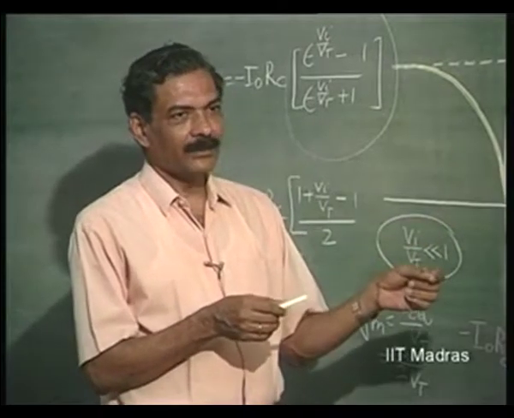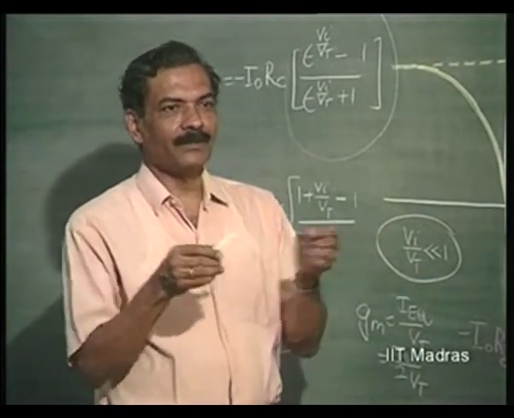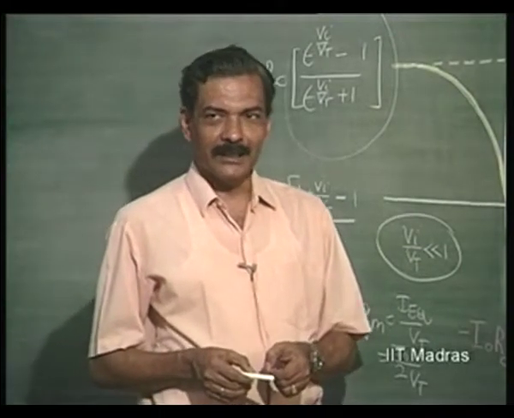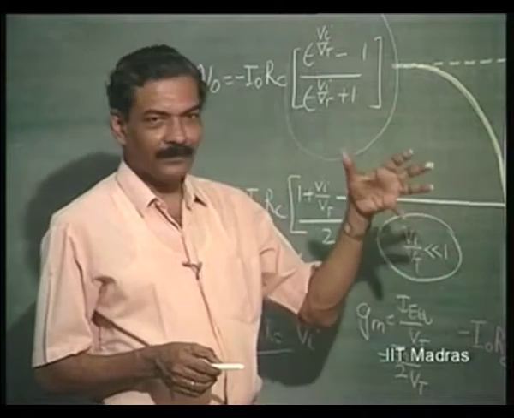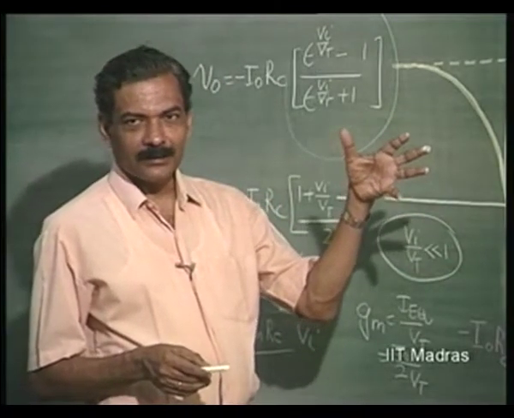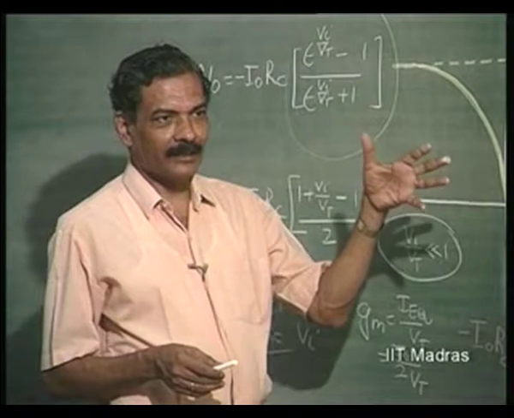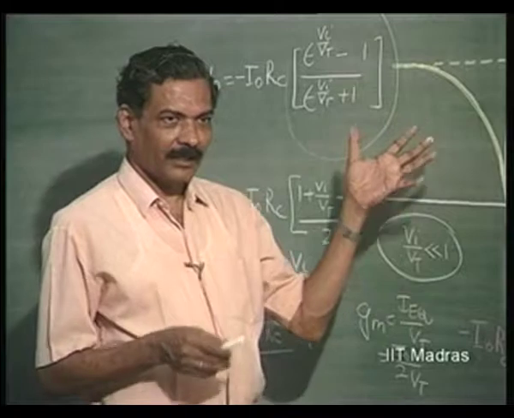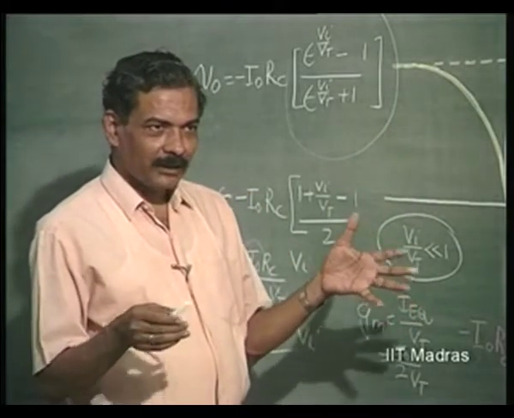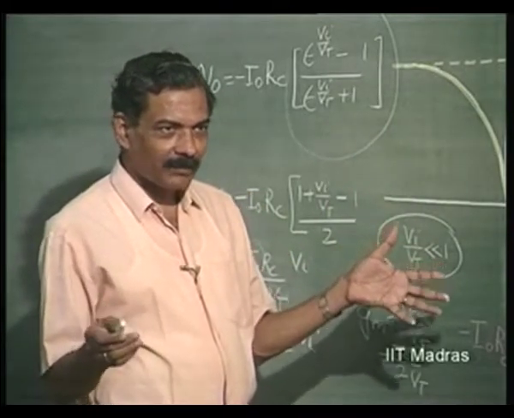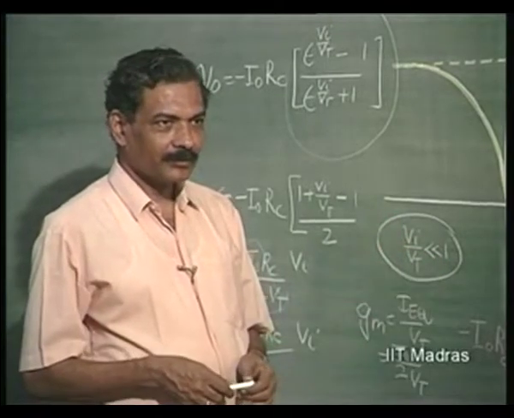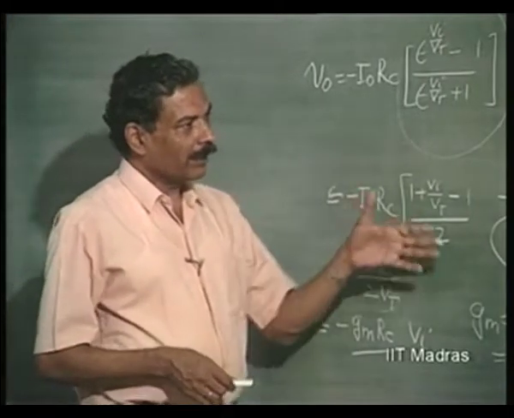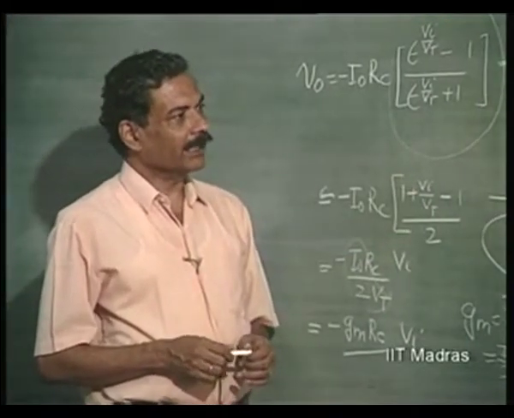Here after x you have x cubed by factorial 3. And therefore, obviously the extent of distortion here is much less than that in the common emitter configuration, and it will give the same small signal gain, input impedance, etc., but distortion is less. Is that clear? We will illustrate it later by an example.